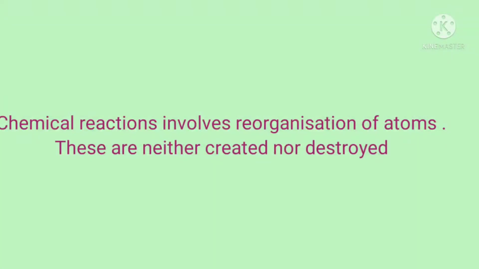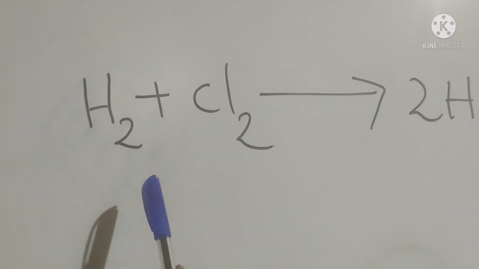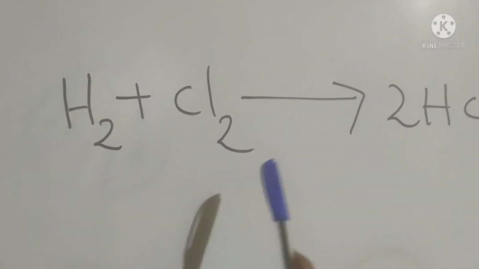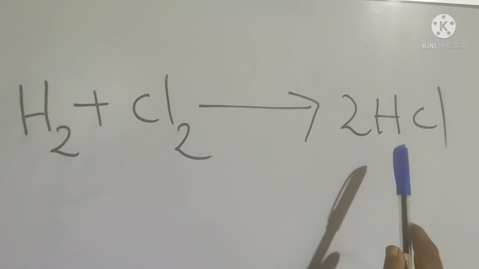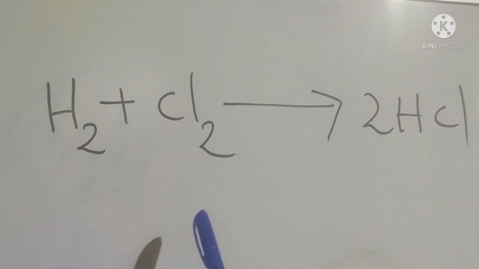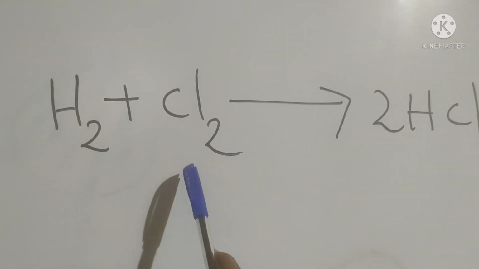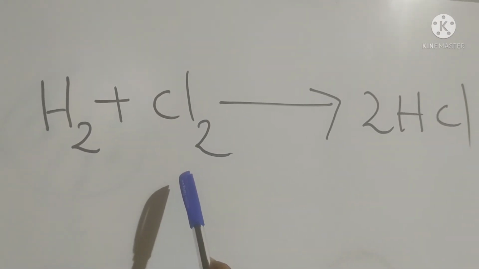The next postulate is that chemical reactions involve reorganization of atoms. These are neither created nor destroyed. Let us understand the postulate using an example: the reaction of hydrogen and chlorine to give hydrogen chloride. Here only a simple reorganization or rearrangement of hydrogen and chlorine takes place.